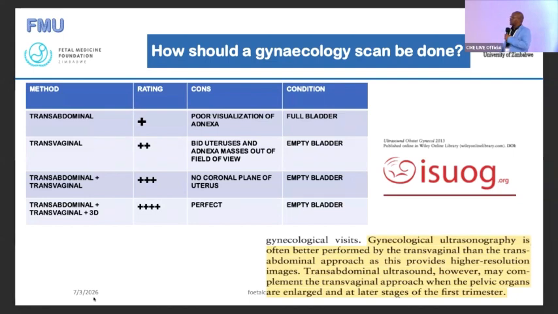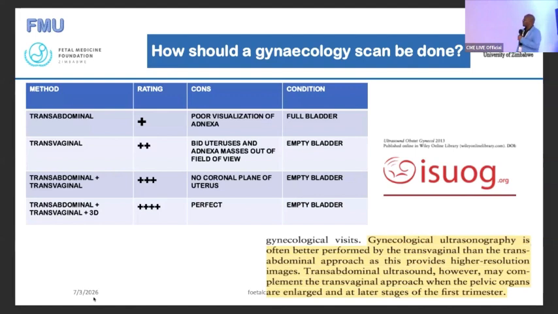Then transabdominal plus transvaginal, which is rated 4 if you include 3D imaging, is the perfect option. Maybe the cost may be limiting. It also needs an empty bladder.